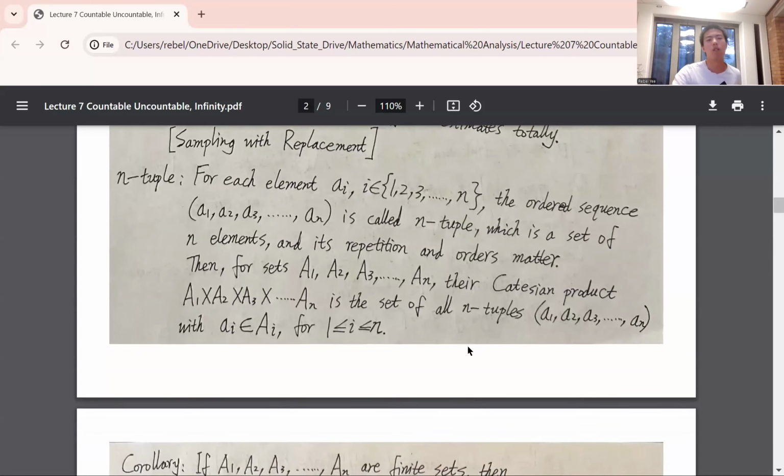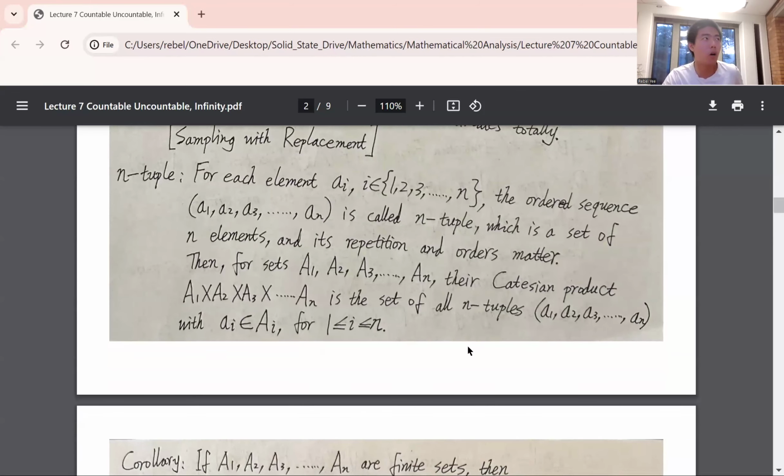Cool. We have talked about ordered pairs, right? An ordered pair is an ordered set, a set with the properties of order and repetition, because it can repeat the same coordinate twice. But what if we have more than two elements? We cannot call it a pair, so we call it an n-tuple.